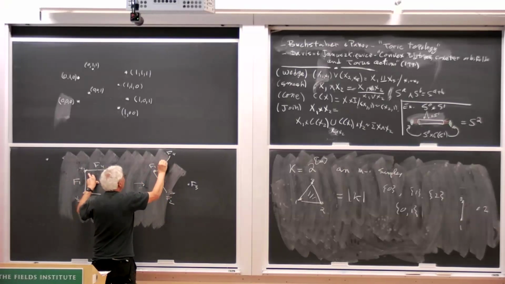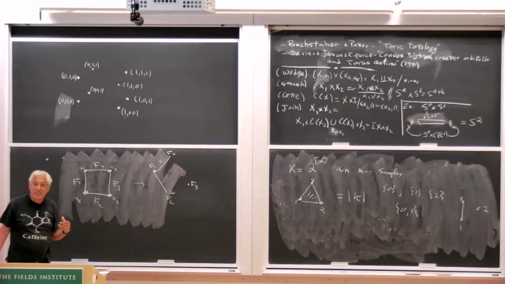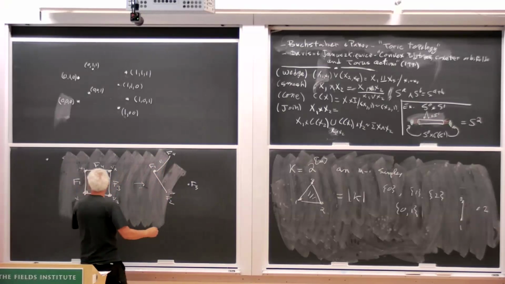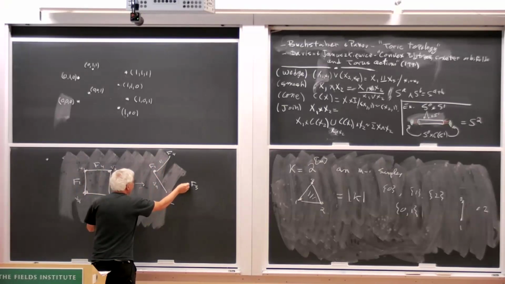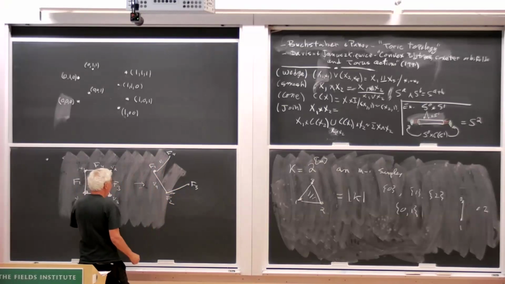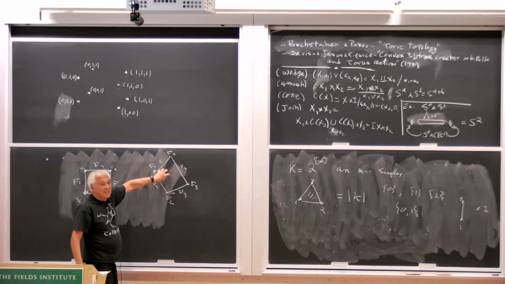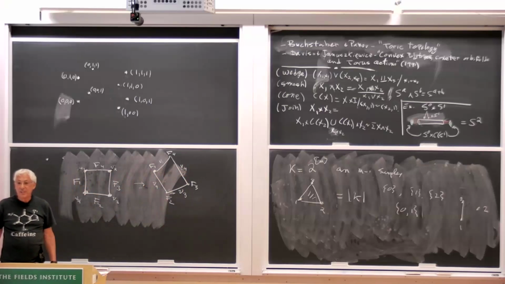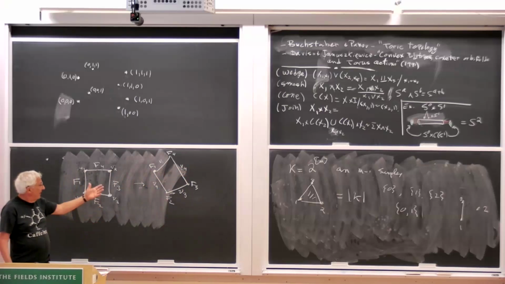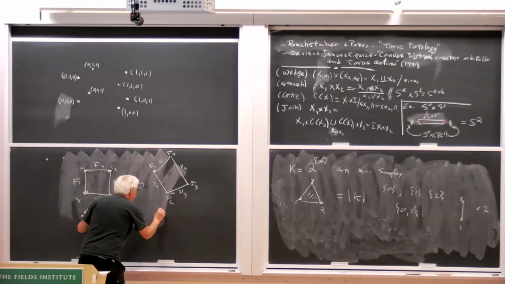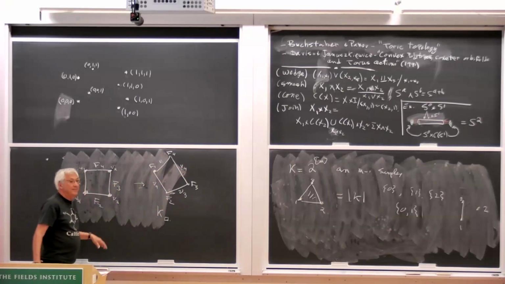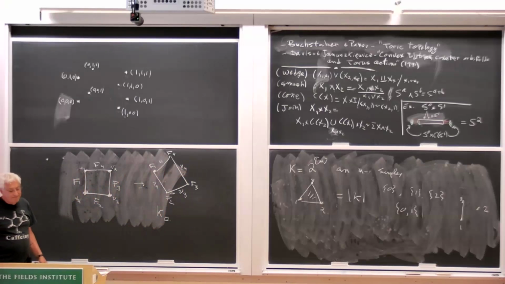So I'm going to label this edge by V1. That is not typical. You normally label the vertices with V's, but for the sake of this drawing, I'm not doing that. And this is the vertex V3 and the vertex V4. The interior is not part of the simplicial complex, okay? That would be K of the square, all right?